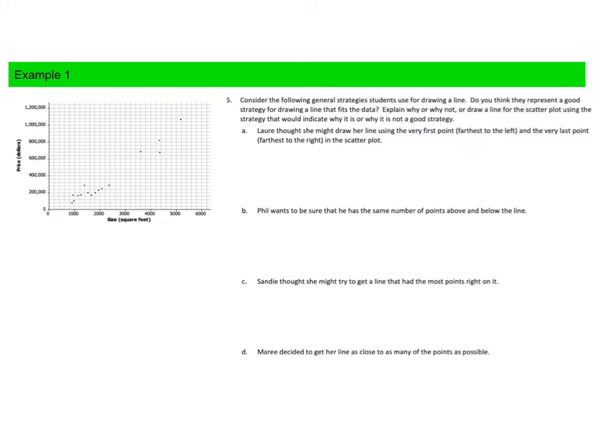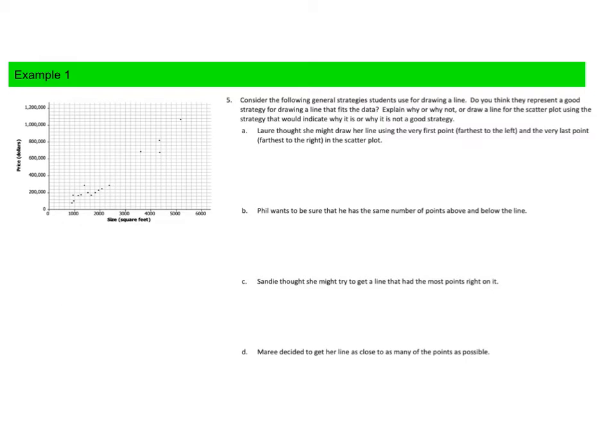Here we're just going to dive a little bit more into drawing those lines of best fit. It says, consider the following general strategies students use for drawing a line. Do you think they represent a good strategy for drawing a line that fits the data? Okay, so if we don't draw a good line, then our predictions are going to be off, right? It says, explain why or why not, or draw a line for the scatter plot using the strategy that would indicate why it is or is not a good strategy.